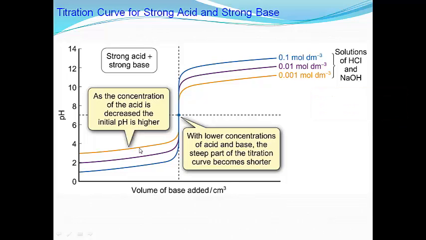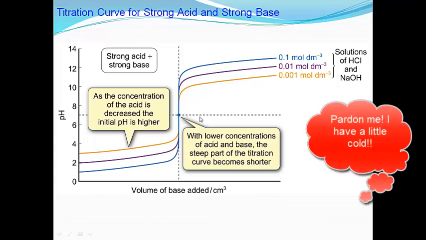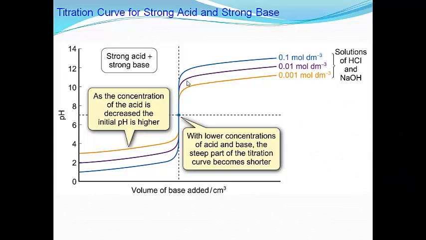And what that's telling us is that if we have a lower concentration of acid to start out with, it means that even though we have complete ionization, we still have a smaller concentration of H3O plus in our solution, and therefore the pH will turn out to be higher. But the curve obviously remains the same, irrespective of the concentration of solutions that you're using.